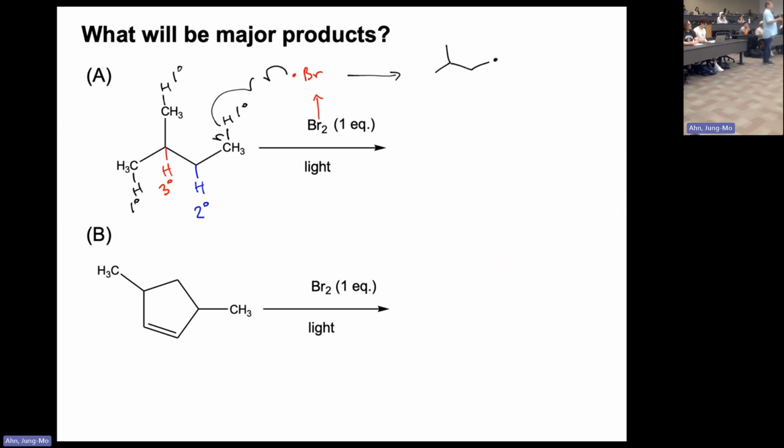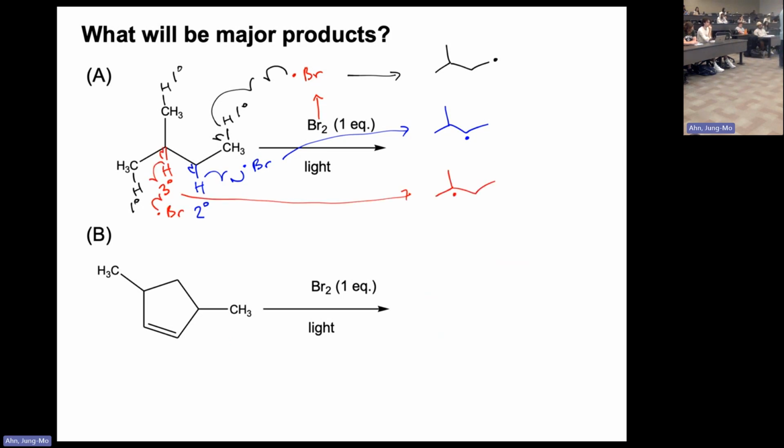If you decide to go with this one, it's going to have a radical there, and a radical there, but those are all the same primary carbon radical. If the bromine takes out the hydrogen from the secondary carbon, then you're going to get the radical on the secondary carbon. And if the bromine takes out the hydrogen from the tertiary carbon, then you're going to get a tertiary radical.